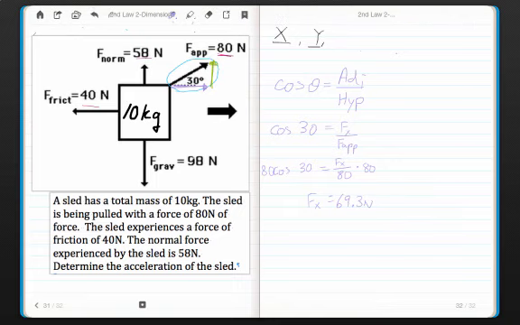And I'll write that in our diagram here. Our f of x is 69.3.